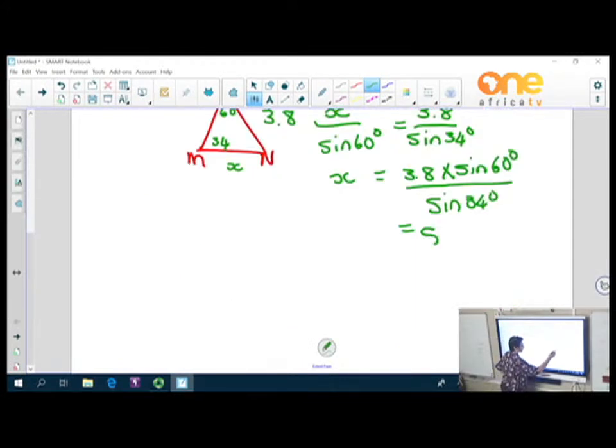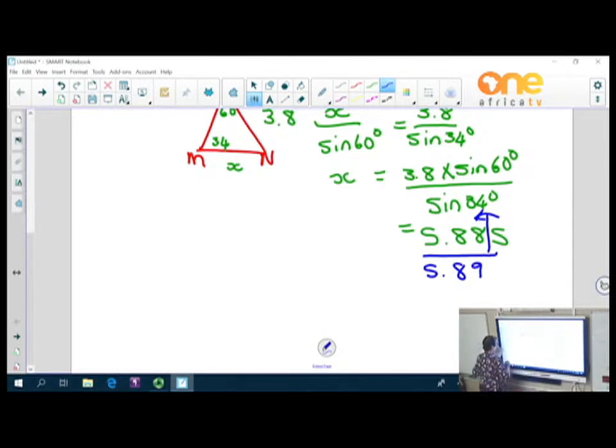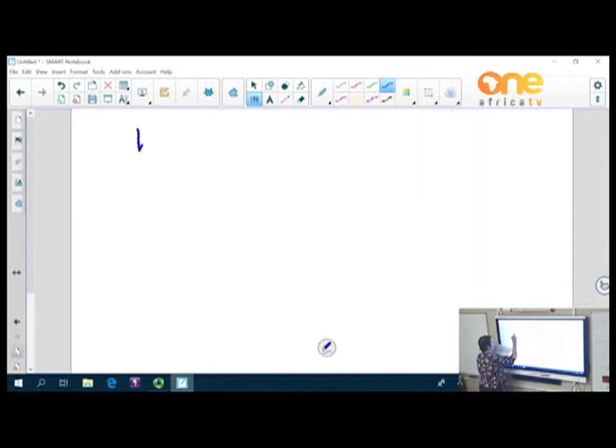So I got here 5.885. Sides are going to be rounded to 3 significant figures. So there is 3 significant figures. Will the 5 influence the 8? Yes, and it becomes then 5.89. 5.89. Right, number B. Try now 27.